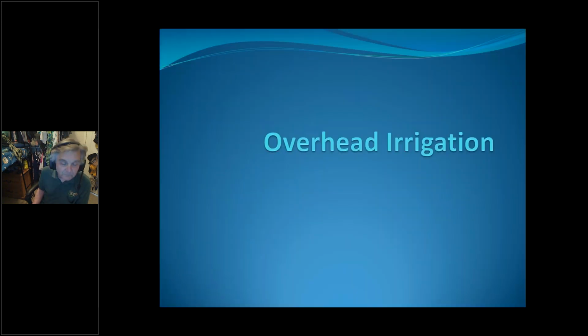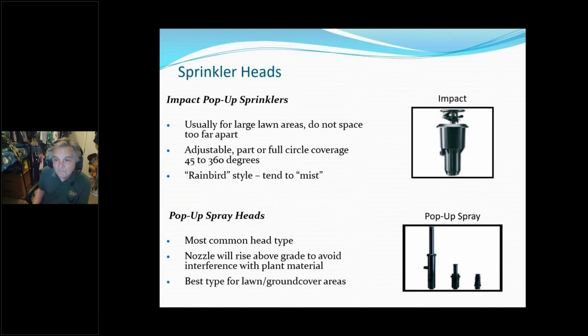So we'll talk now about overhead irrigation. This is the type of irrigation that most lawns have. Next. And the different types of sprinklers. Most are pop-up types. For large areas like parks, you'll see these Rain Bird style systems.